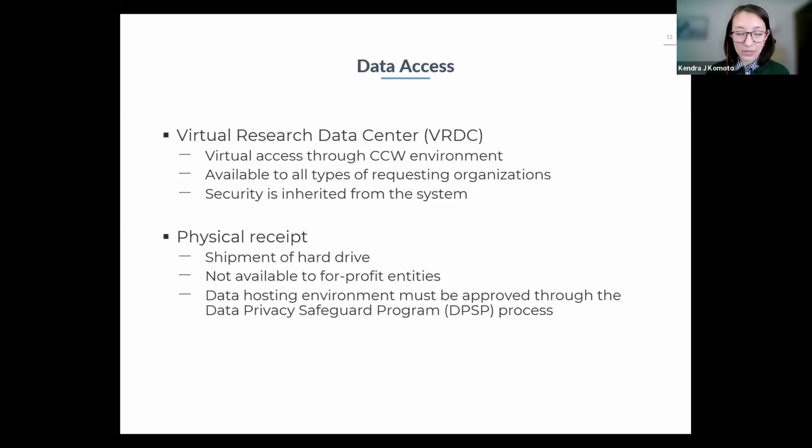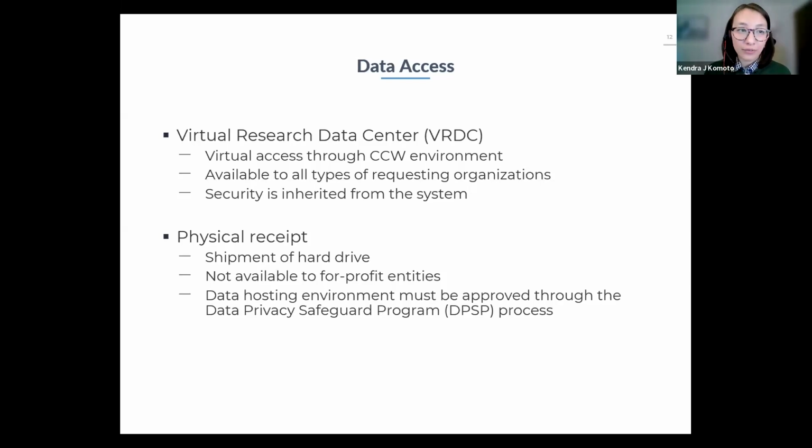Security is inherited from the system. Your project gets set up, you have a dedicated project space, you have analysts that access the data, you do your analysis in the VRDC, and then the information that comes out is summary aggregated results that meet CMS publication requirements. So VRDC is a good option for a lot of people, especially with that built-in security.